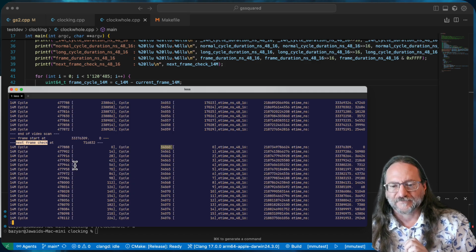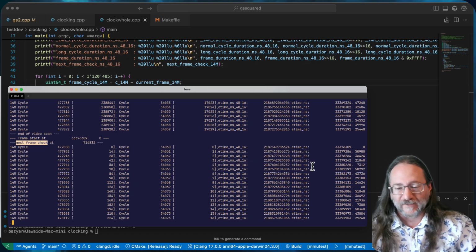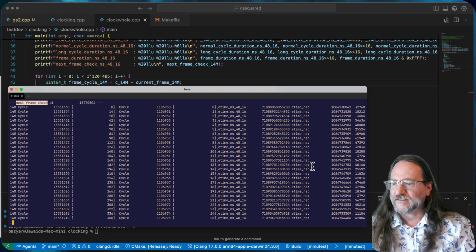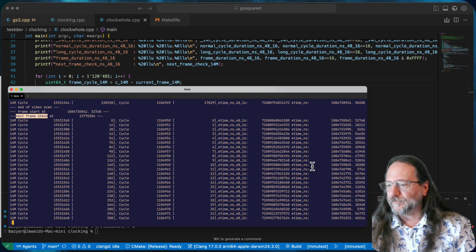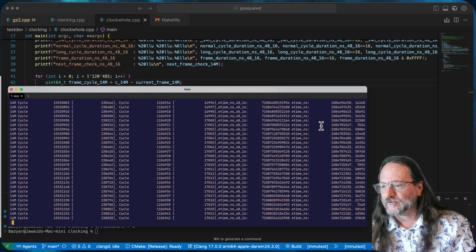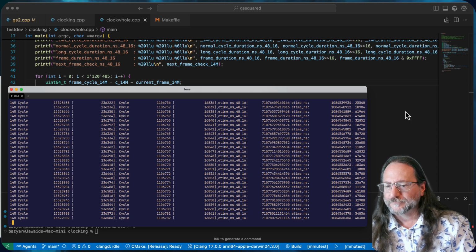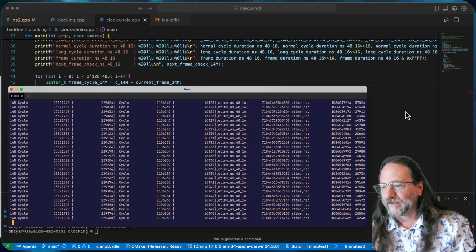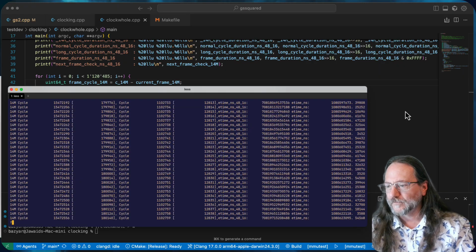Let's see here. And then, let's go to the end and see where we are. For frames, let's see where I break off exactly. This is elapsed time in nanoseconds. Oh, let's go to 1 second. That's going to be hard to type.